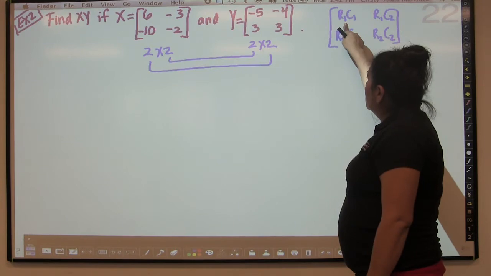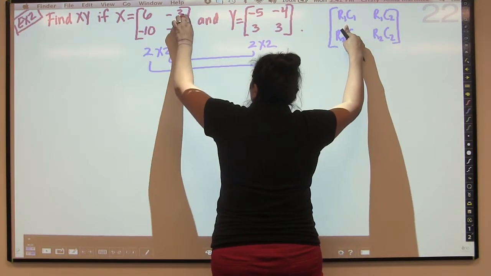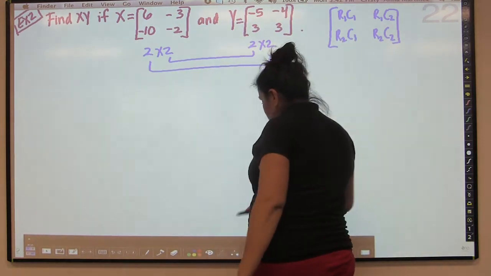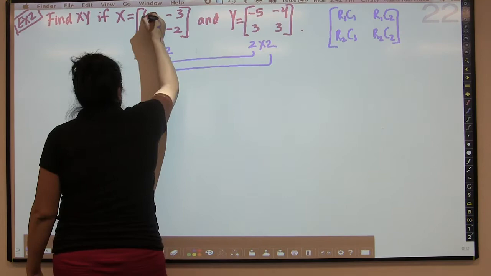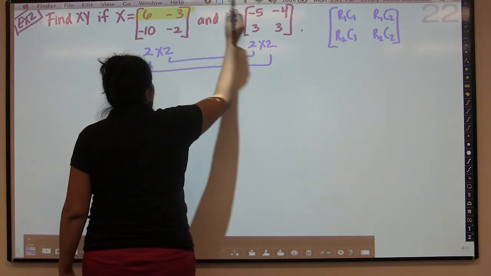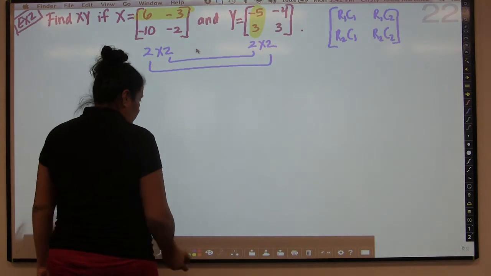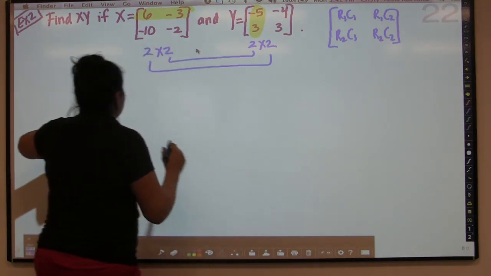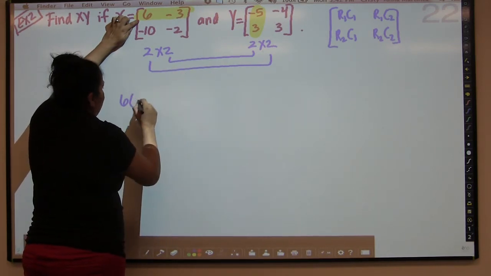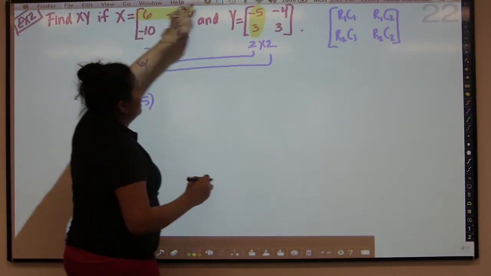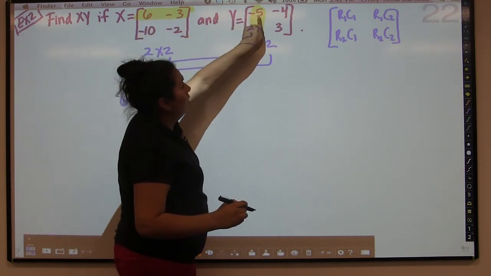So the way that you can keep it straight is by looking at this right here. When I look at row 1, column 1, it tells me that I need to multiply this row 1 by this column 1. So I'm going to go ahead and use my highlighter here. We're going to go row 1 by column 1. So what I'm going to do is take 6 and multiply it by -5. So 6 times -5, which is basically row 1, column 1.